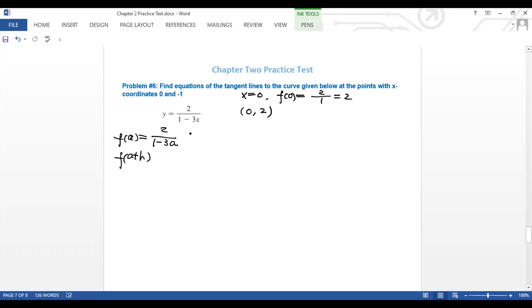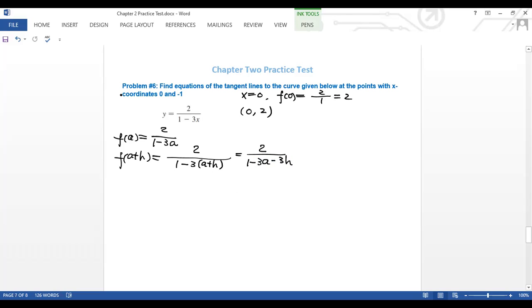We did this in our lecture notes several times. So that means 3 times a plus h, correct? Now let's use your algebra. So this is 2 over 1 minus 3a minus 3h, correct?